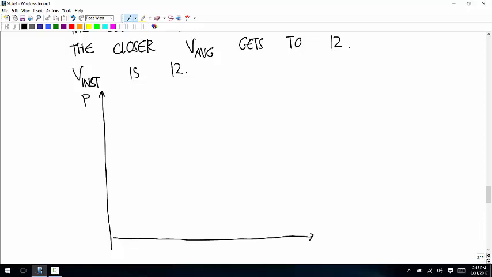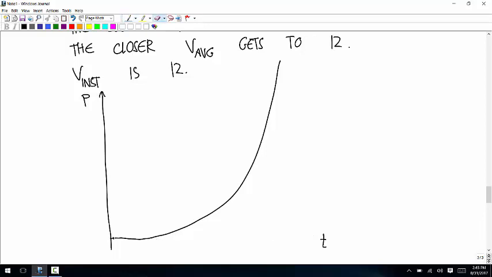Okay, so position is on the vertical, time is on the horizontal. And if we're using the same function, the position is time cubed. Let me just spread it out a little. This meets at 0, 0.